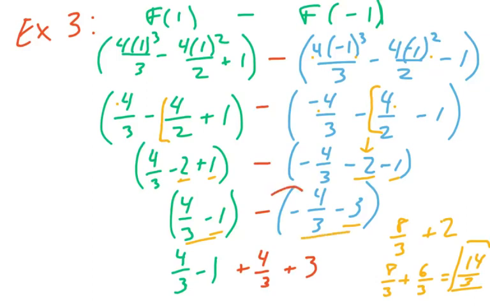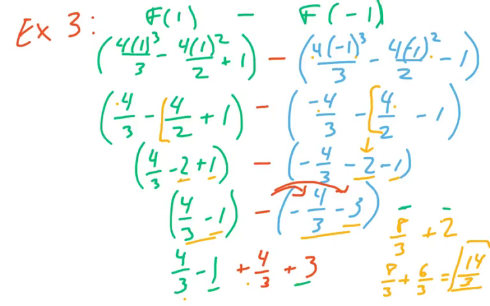Now at this point, I distributed the negative sign across to get rid of my parentheses. So we have our 4/3 minus 1 from the left, and now we get positive 4/3 plus 3 on the right. So 4/3 and 4/3 becomes our 8/3 over here. And the negative 1 and the positive 3 become 2.